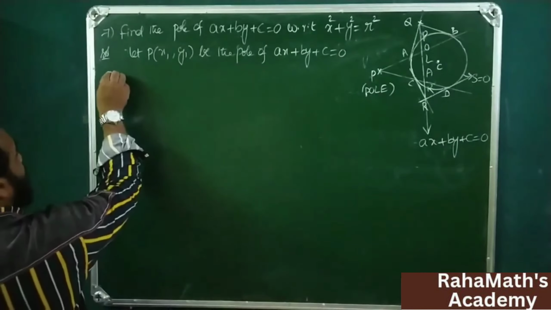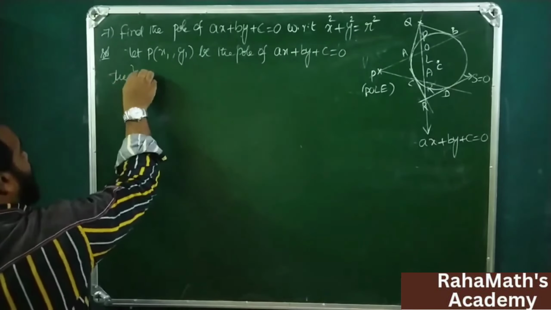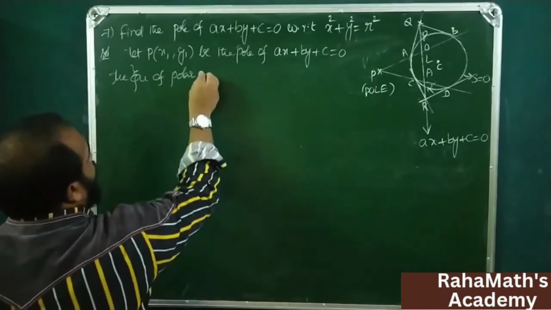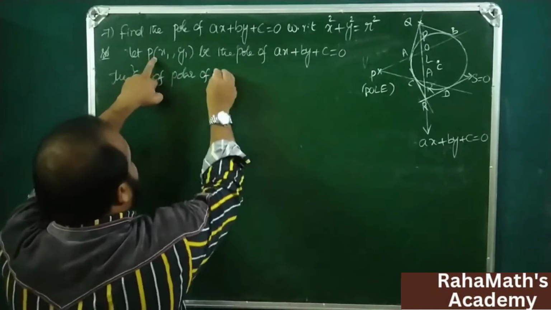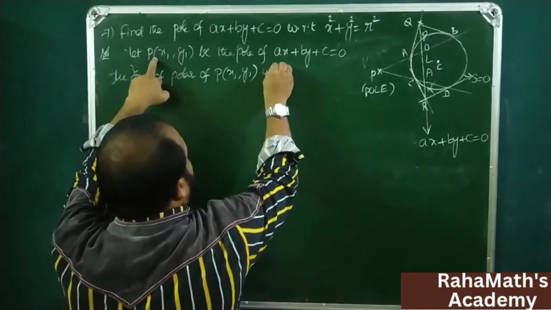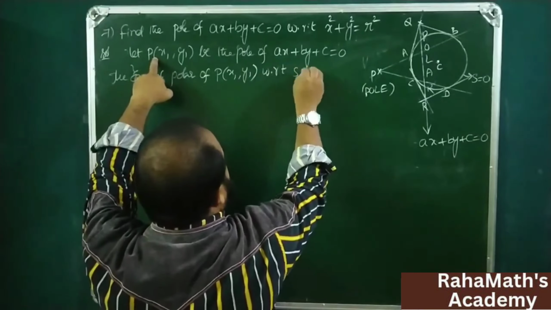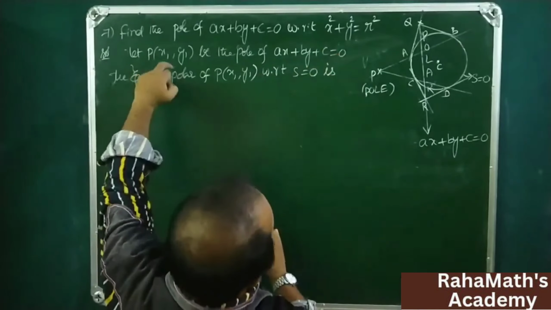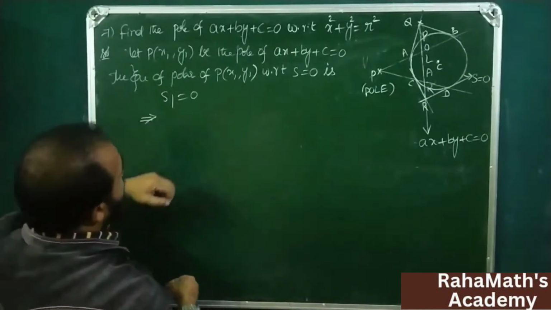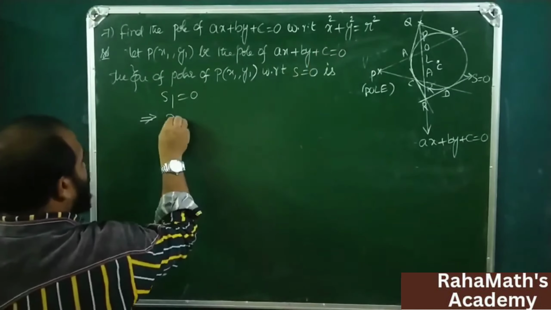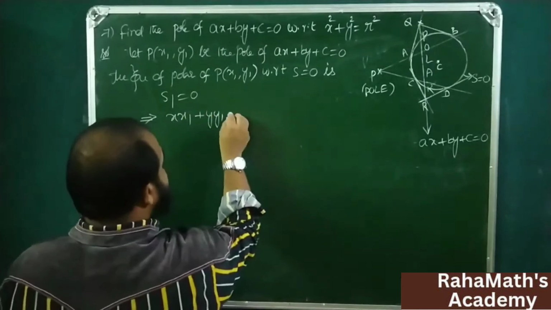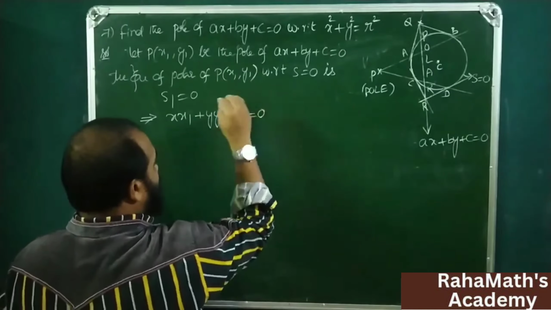So the equation of the polar of P x1 y1 with respect to circle S equals 0 is S1 equals 0, which implies x x1 plus y y1 minus r square equals 0.